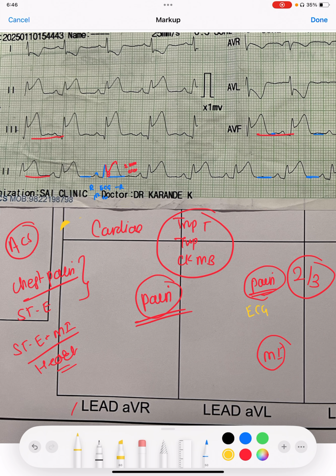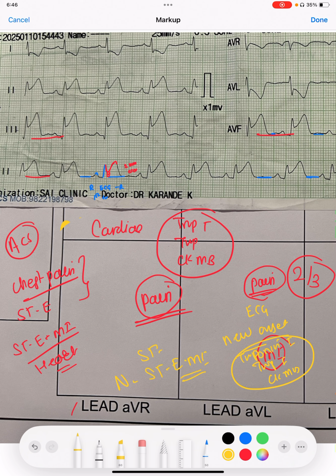If it is not there, then a new onset echo change has to be there, or the troponin has to be positive. So troponin I or troponin T or CKMB has to be positive. Then we can say that this is not an ST elevation, but this is a non-ST elevation MI.